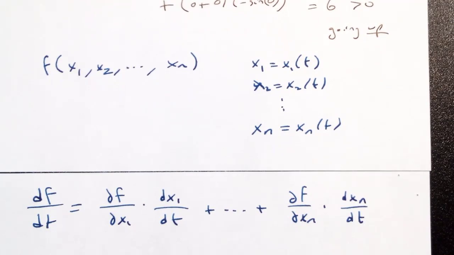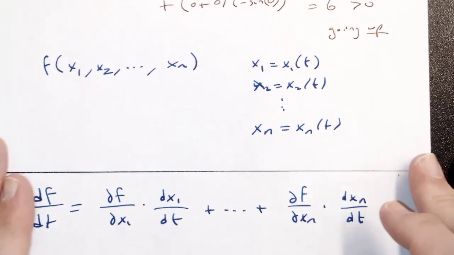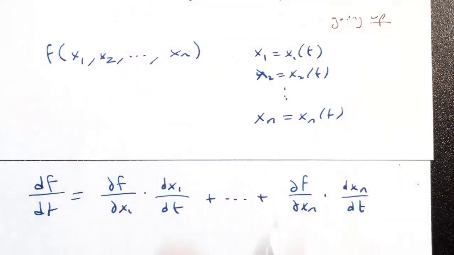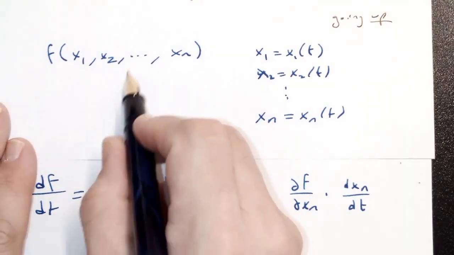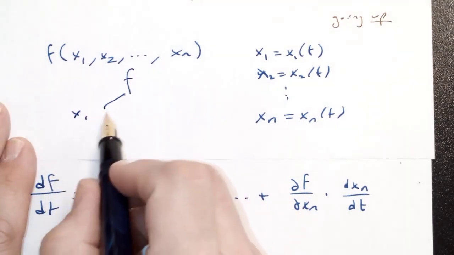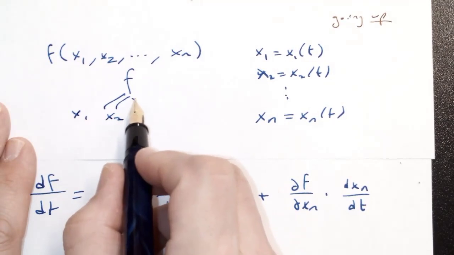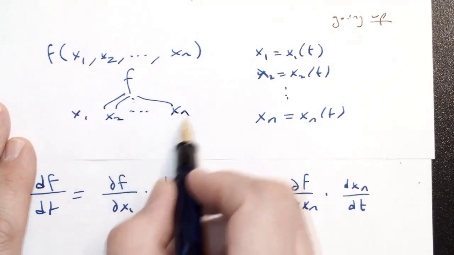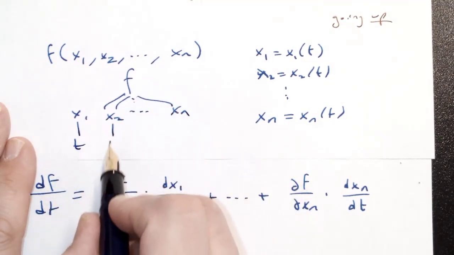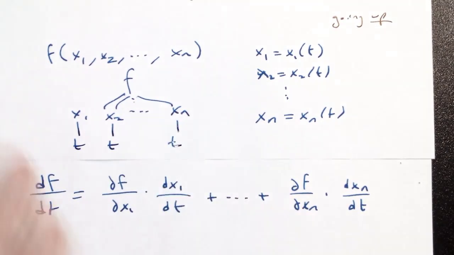But in my head, I like drawing a little picture. The tree that I drew earlier. I think of f, and f has all these variables in it, right? So I think to myself, up here, I'm going to write f, and I'm going to write x1, x2, dot, dot, dot, xn, and then I'm going to think about t inside all of those.